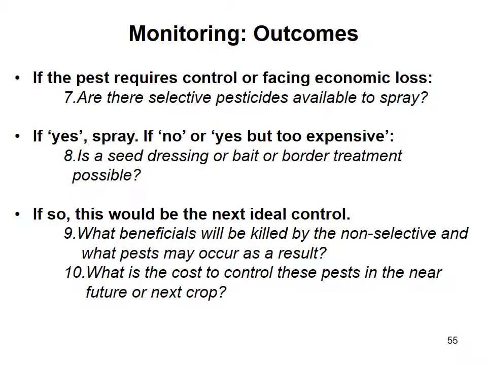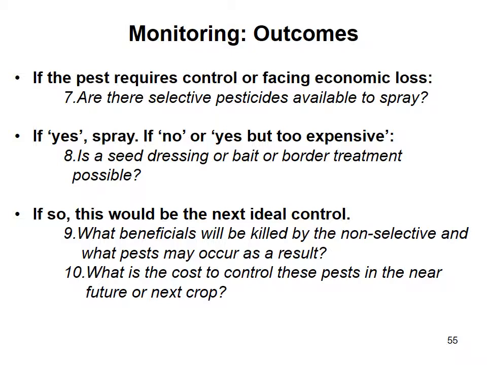If it's been identified that the pest requires control, or if the farmer is facing economic loss, consider the question: are there selective pesticides available to spray? If yes, spray. If no, or yes but too expensive, consider this question. Is a seed dressing or bait or border treatment possible?